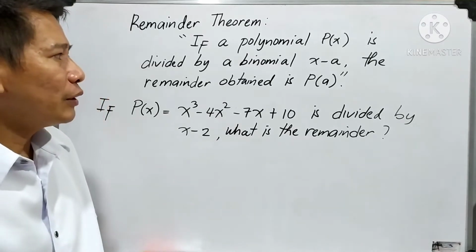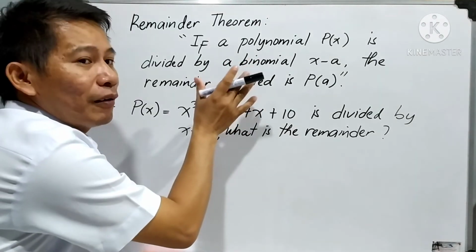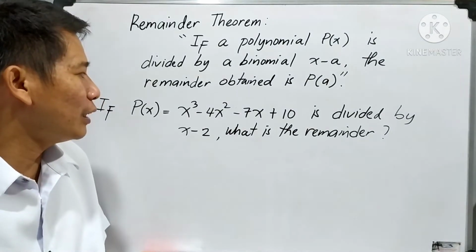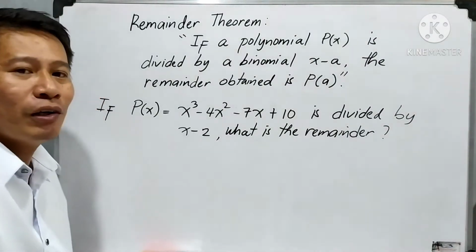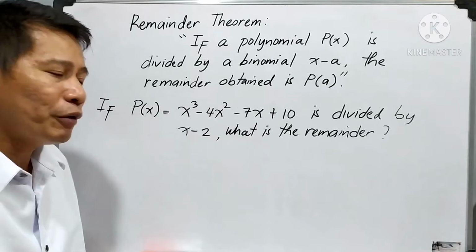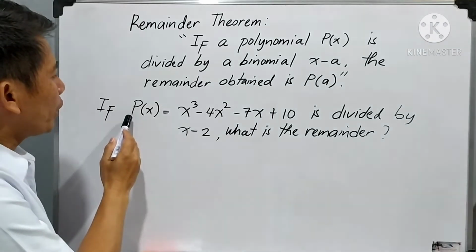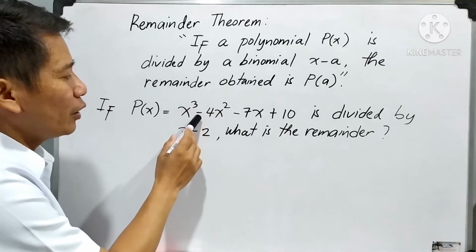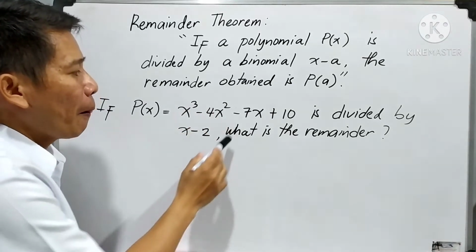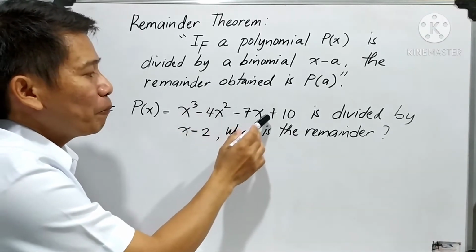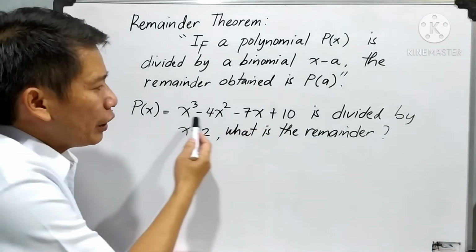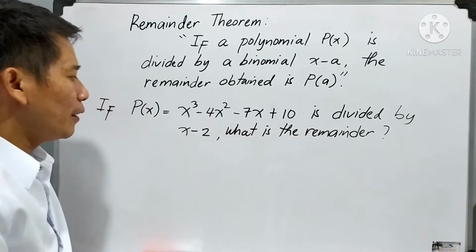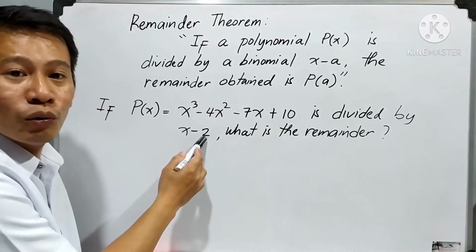Now, to illustrate this remainder theorem, let us consider our example here. Suppose we have a given polynomial p of x, x cubed minus 4x squared minus 7x plus 10, and this polynomial is divided by x minus 2.